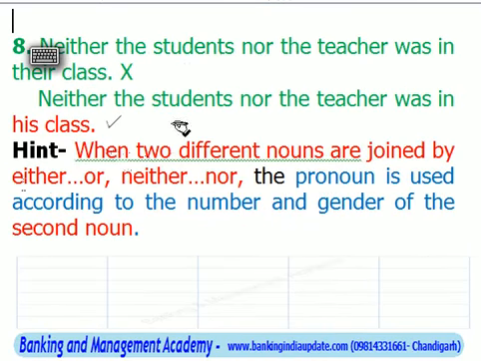The next sentence, neither the students nor the teacher was in their class. In this sentence, we have a plural noun and a singular noun. So here we have to see the number and the gender according to which the pronoun will be placed.